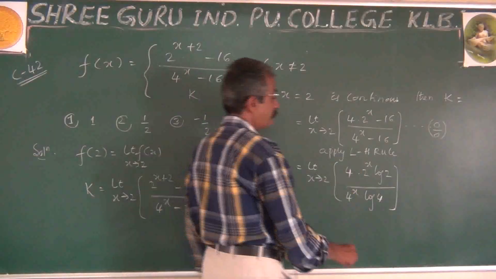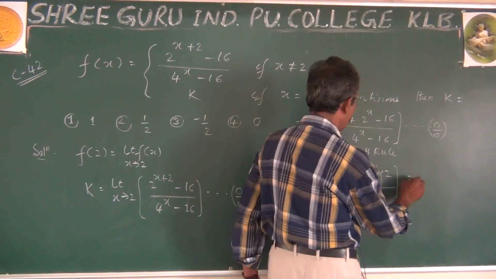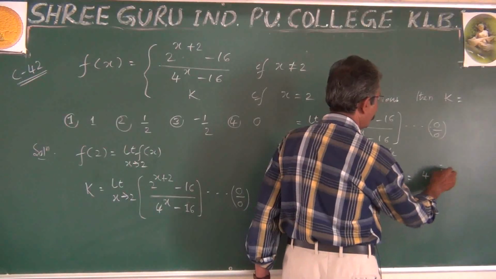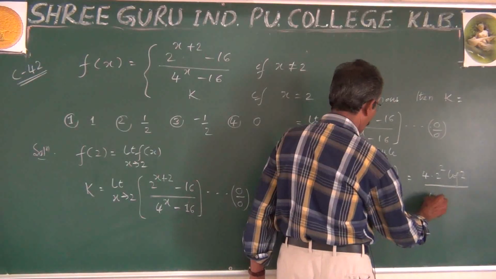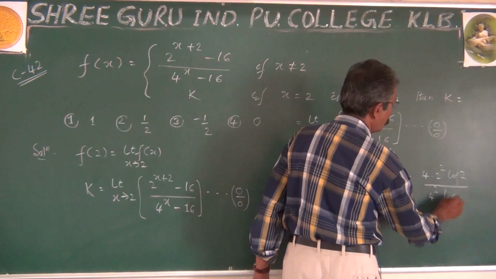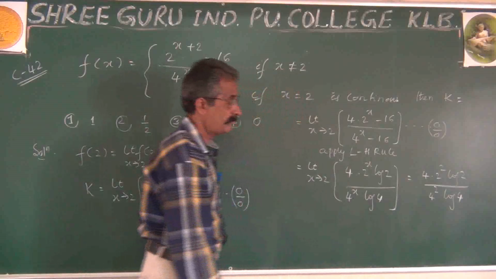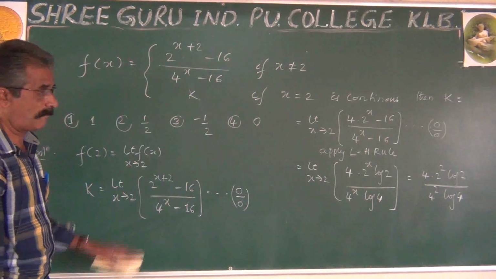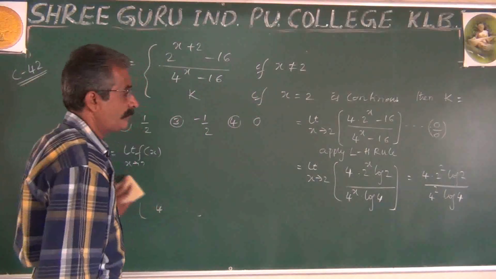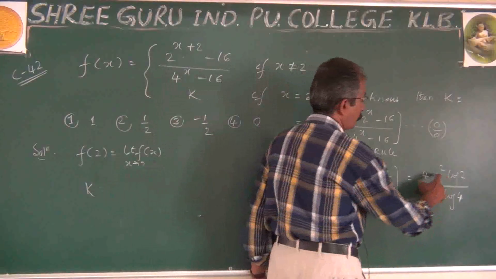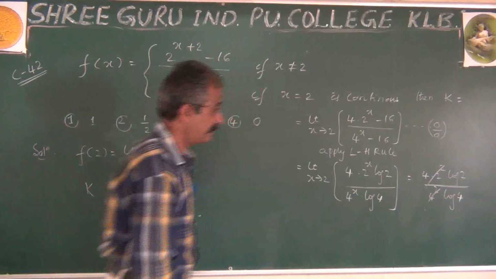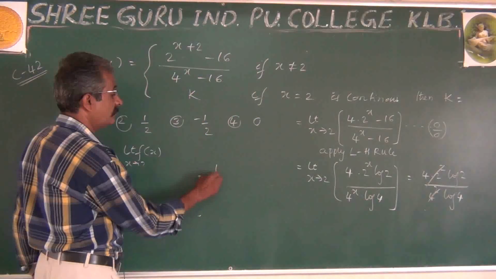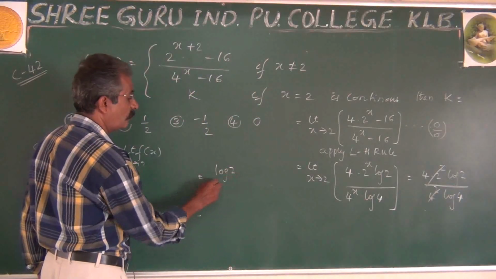On replacing x by 2, what we get is 4 into 2 square into log 2 divided by 4 square into log 4. 2 square is 4, 4 into 4 is 16. 16 gets cancelled, so what is left is log 2 by log 4.